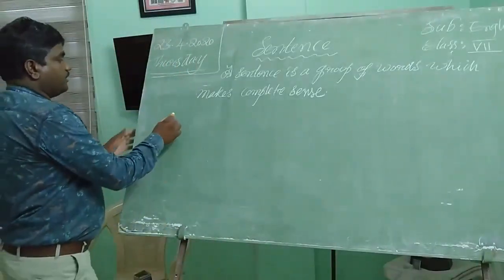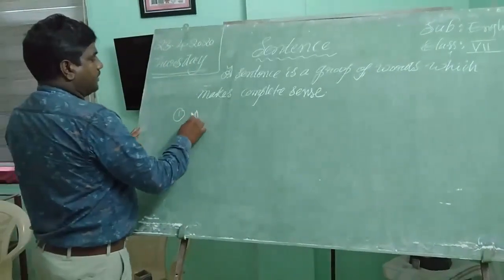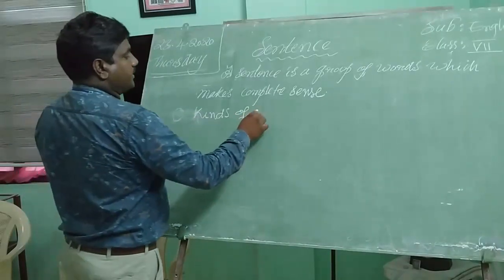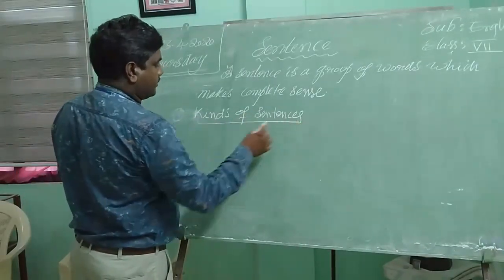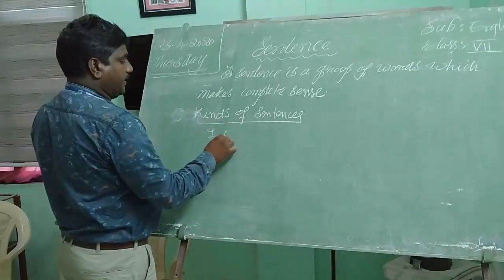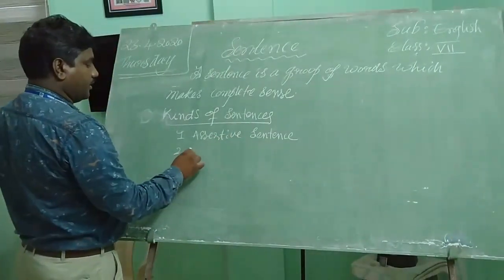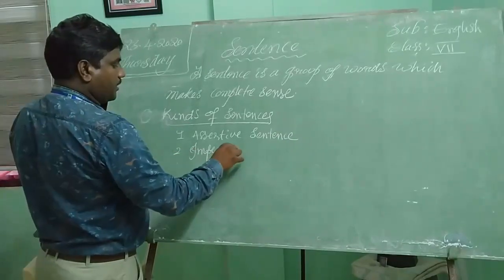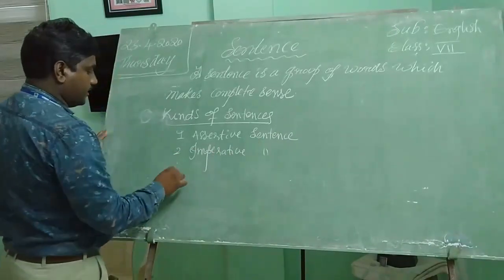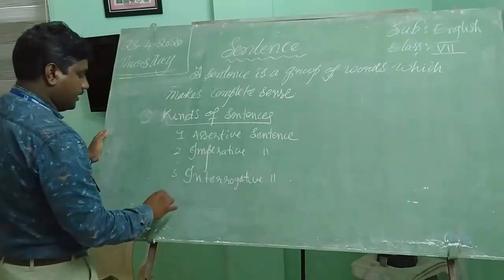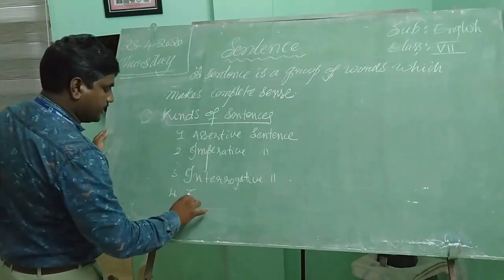Next, let us see the first one, assertive sentence. Kinds of sentences. Number 1, assertive sentence. Number 2, imperative sentence. Number 3, interrogative sentence. And number 4, exclamatory sentence.